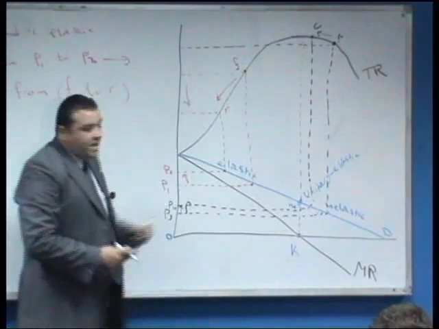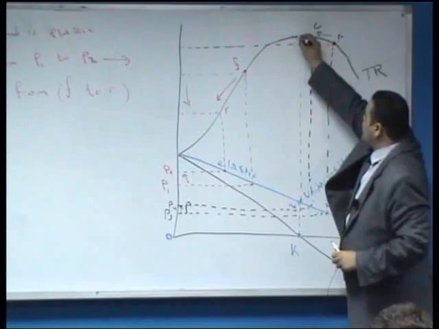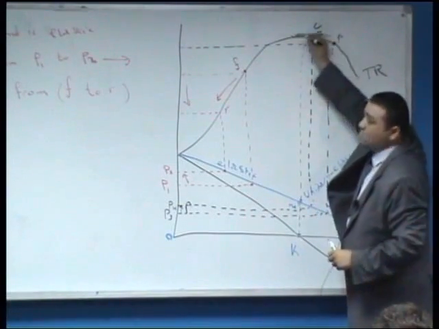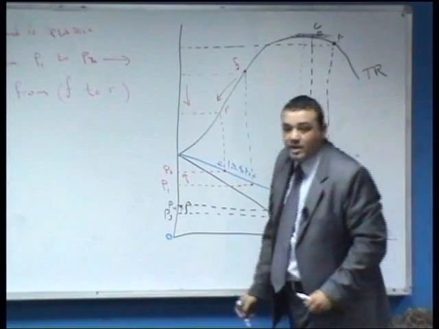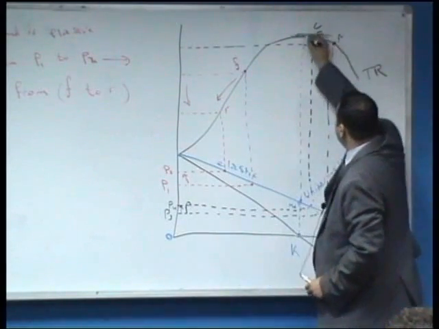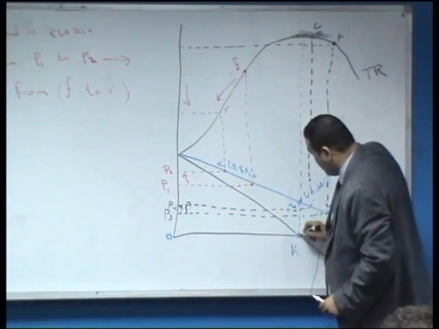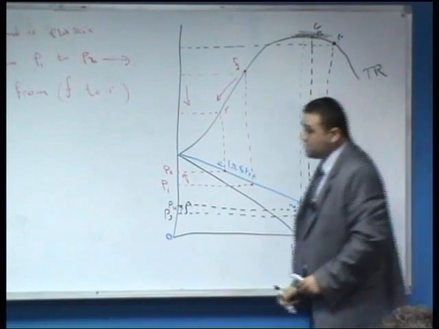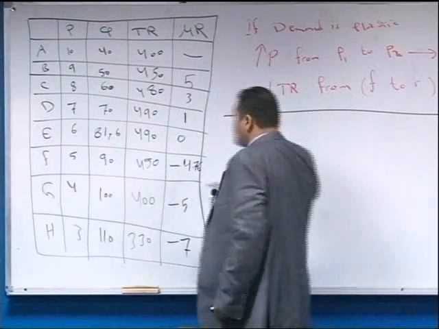Let's come back to the diagram. When the total revenue reaches the maximum amount or the peak, in this case MR equals 0, right? I'll come back to your point.